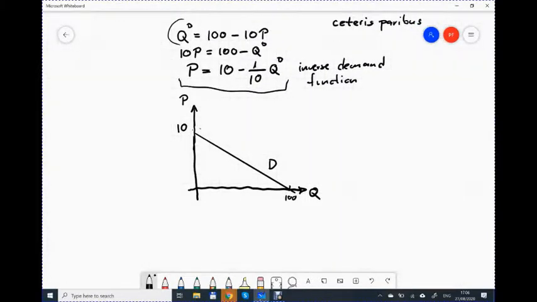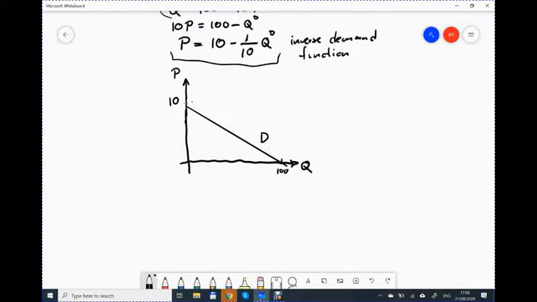Now we know that the quantity demanded is going to change when the prices are changing. For example, if the price falls from 8 to a price of, for example, 6, then we know that this is going to increase the quantity demanded. This can be seen as a movement along the demand curve.